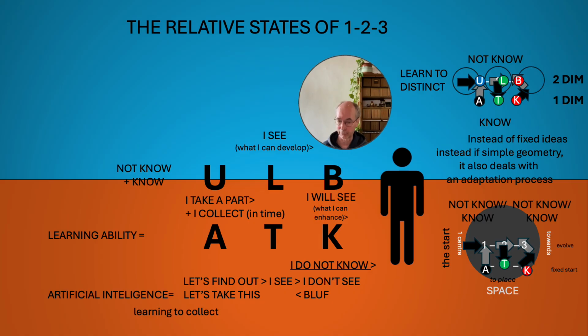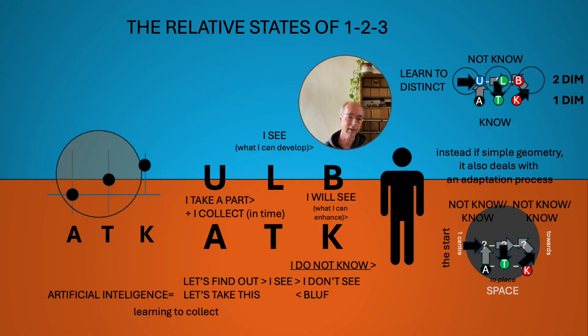On the first level, it's still almost purely physical. Like in U, you have an empty vessel that can be filled in. In L, you have almost like plants growing and becoming more, and with the B, a breaching of borders.